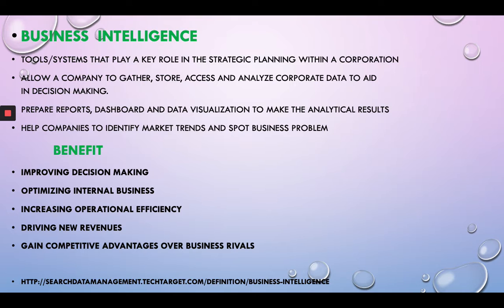Okay, for the tools that I use for business informatics, there are a lot of tools, but one of them is business intelligence, which is a tool or system that plays a key role in the strategic planning of a corporation. It allows a company to gather, store, access, and analyze corporate data to aid in decision making.